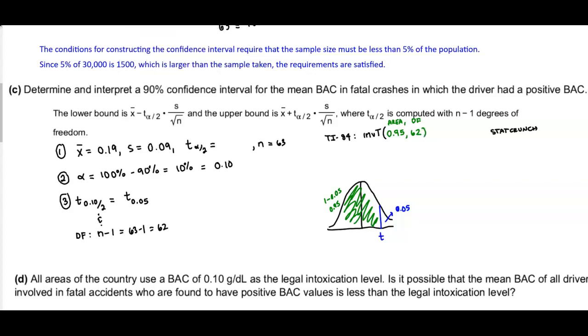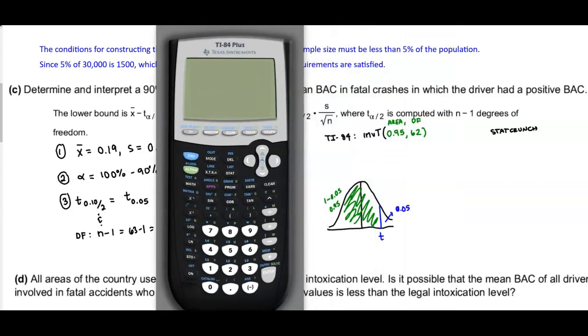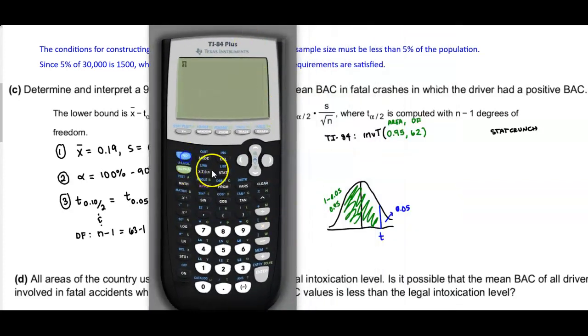So now let's go ahead and put that into our calculator. We're going to go ahead and put in second distribution. We're going to go to INVT. And then we're going to put in the area of 0.95, and we have our degrees of freedom of 62. And then we're going to hit enter.